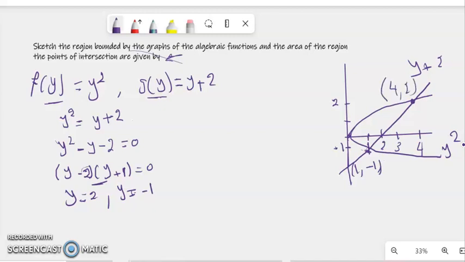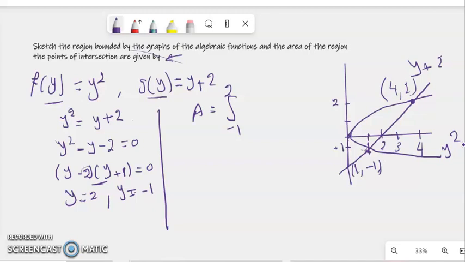Alright, now let's find the area. So the area, A, equals the integral. What's my limit? From -1 to 2. This is around the y-axis.